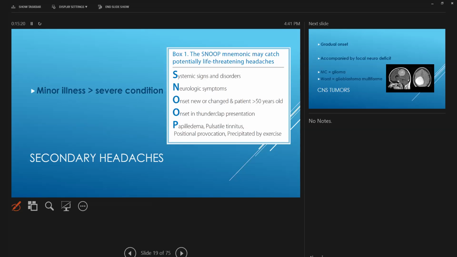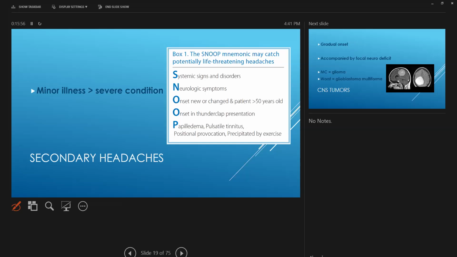The SNOOP criteria. So the SNOOP criteria is designed to help us think about headaches and to evaluate if there are some concerning features to that headache. So it's really just a nice mnemonic that we use to help potentially catch life-threatening headaches. And what the SNOOP criteria mnemonic tells us is that we want to look for systemic signs or disorders. We want to look for any neuro deficits.